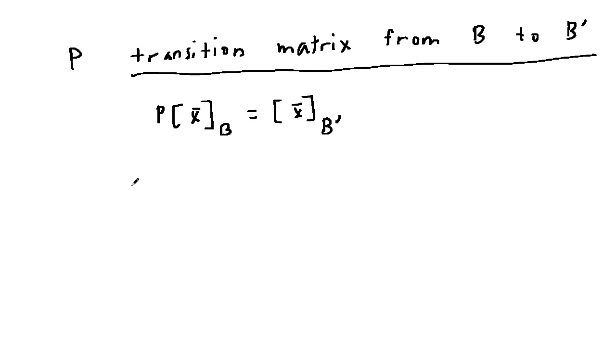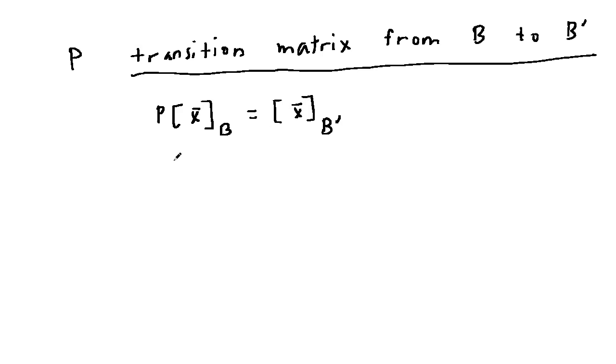If we're given the coordinate matrix for x relative to B, we can simply multiply by the transition matrix P, and the result will be the coordinate matrix for x relative to B prime.